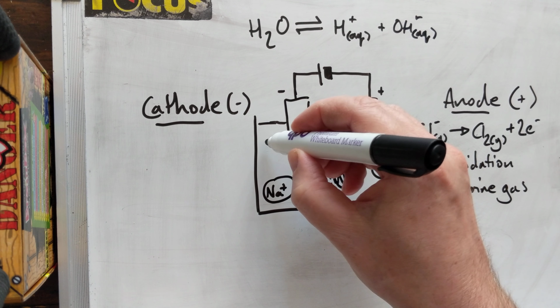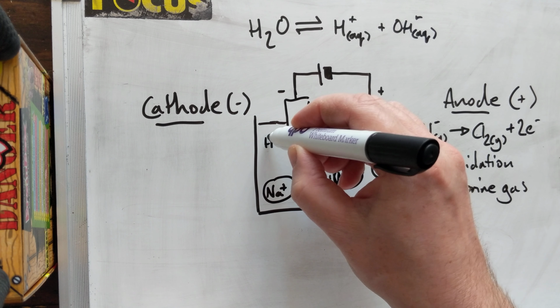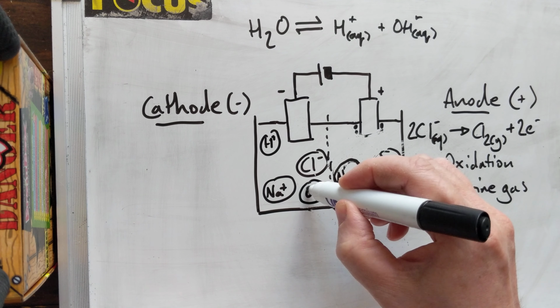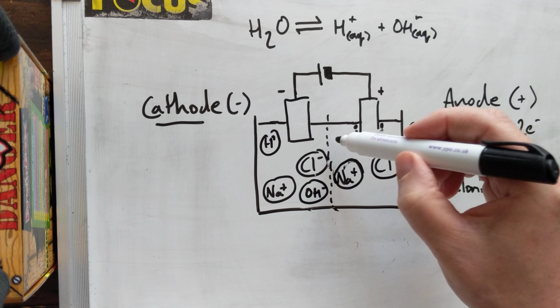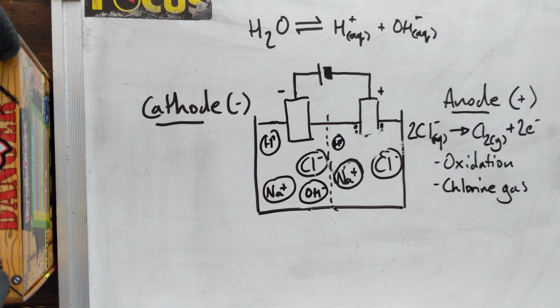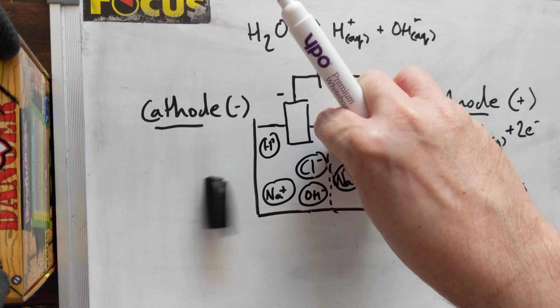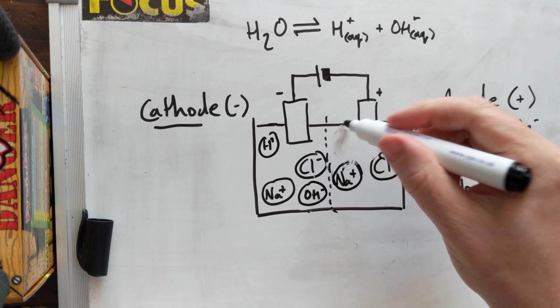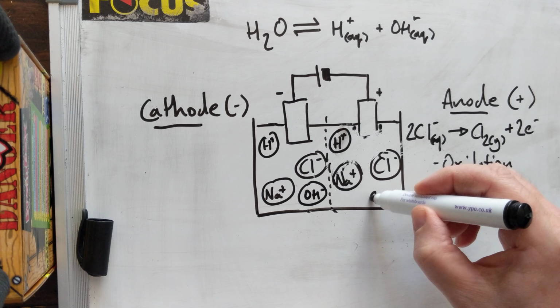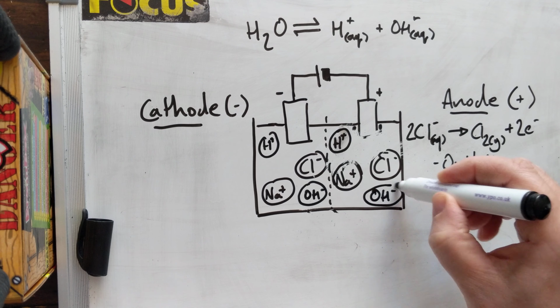So what actually happens there then, if we just add these ions, we've got H⁺, and we've got OH⁻, and we've got some H⁺. I should really learn to draw my ions first and then draw my circles afterwards. H⁺, okay, and then we've got some OH⁻ here as well.